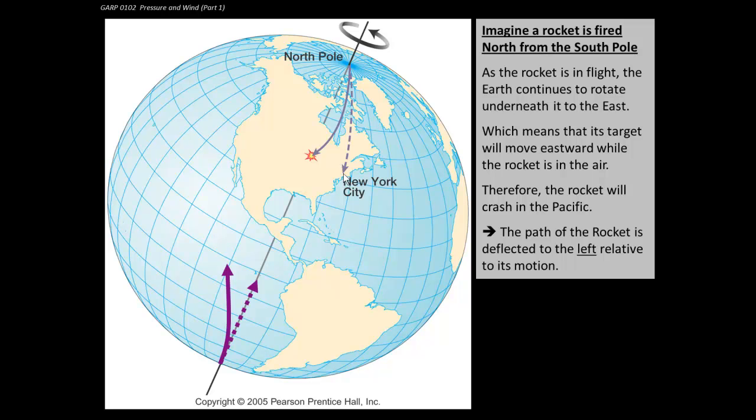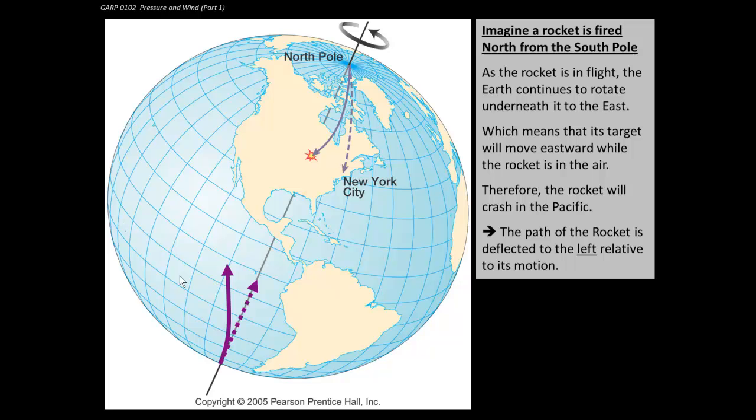Consider what happens when you stand at the South Pole and you shoot a rocket straight northwards. Well, as that rocket is airborne, the Earth will rotate, right? The Earth rotates here from left to right. And your rocket will crash somewhere in the Pacific Ocean. The path of the rocket is deflected to the left relative to its sense of motion, because now we're in the southern hemisphere.